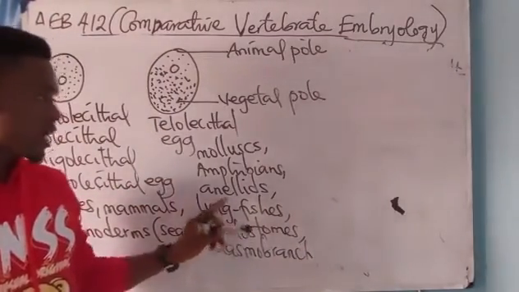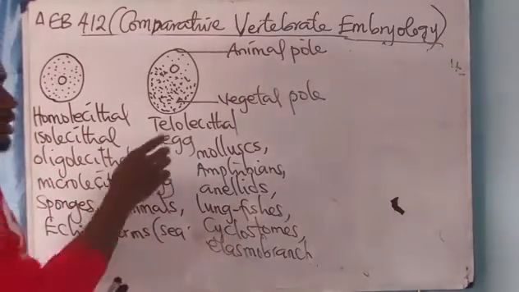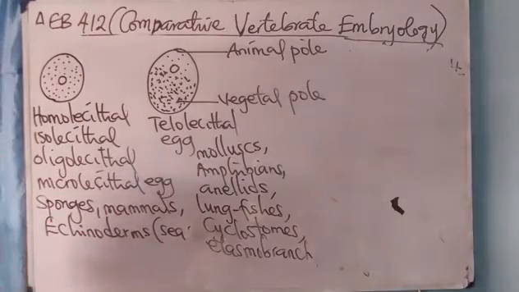Cyclostomes, lungfishes, annelids, amphibians, mollusks, they all possess telolecital what? Egg. Take note of that.